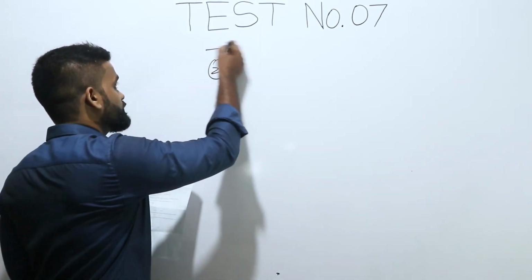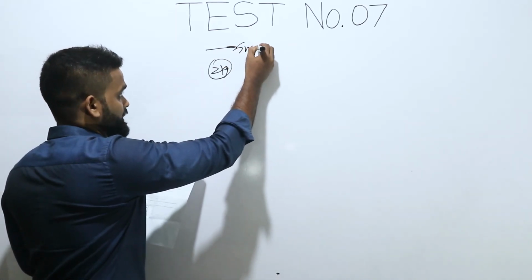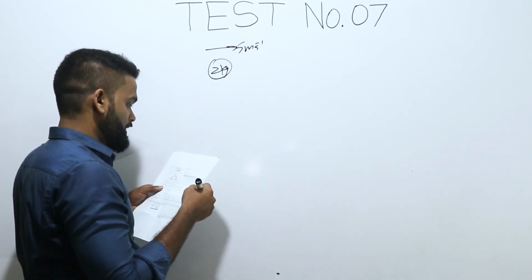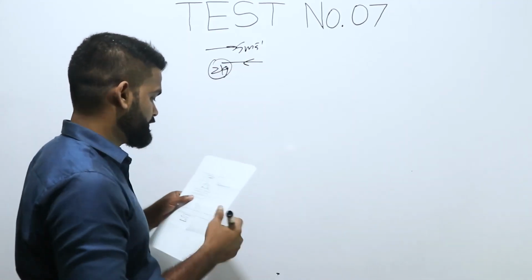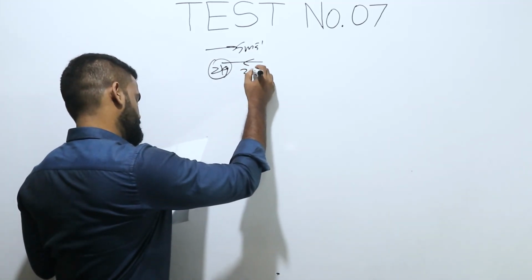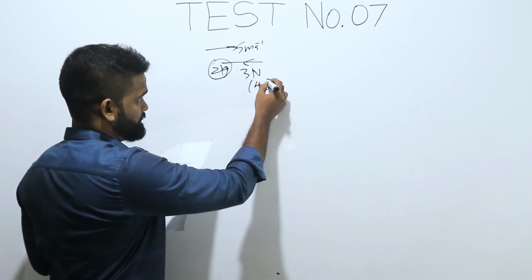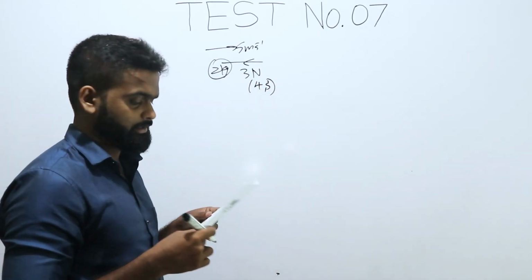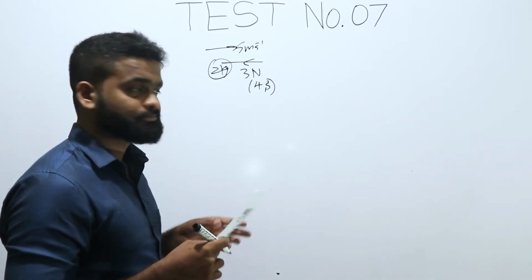It is moving to the right at 5 meters per second. But an unbalanced force of 3 Newton is applied to the opposite side, the left, for 4 seconds. Velocity gained by the object is.